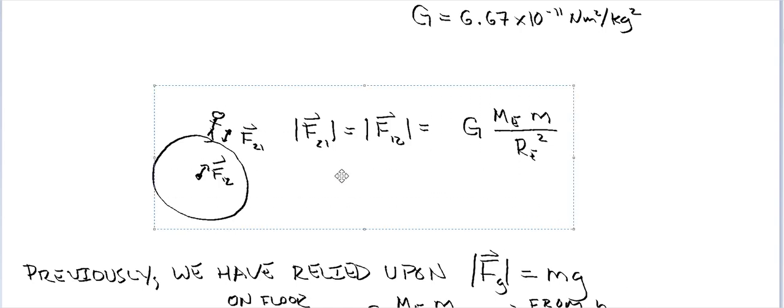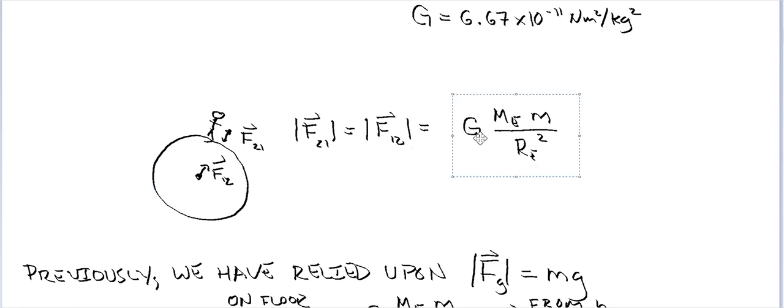Closer to home, if you have a person standing on Earth, they exert the same force upon each other gravitationally, by Newton's third law. The magnitude of such force is the universal gravitational constant, capital G, 6.67 times 10 to the minus 11 Newton meter squared over kilogram squared, times the mass of the Earth, which is about 5.98 times 10 to the 24 kilograms, times the mass of the individual, little m, divided by the radius of the Earth squared.